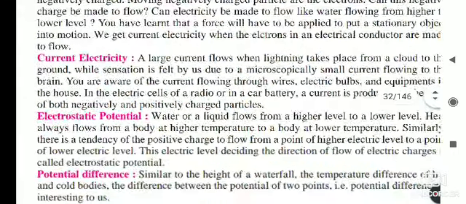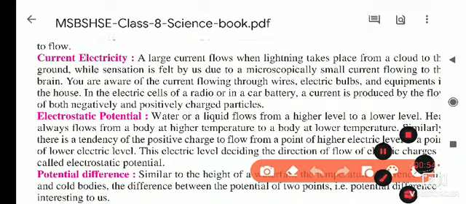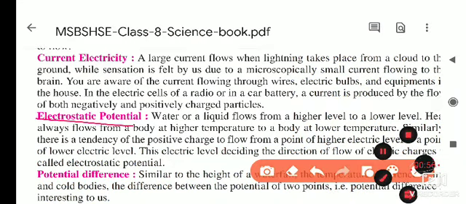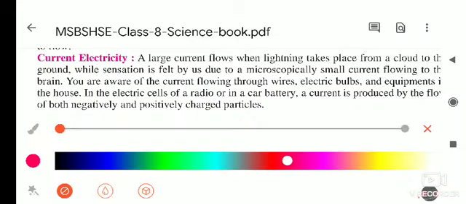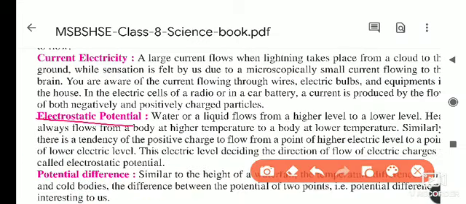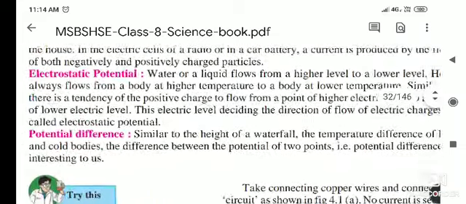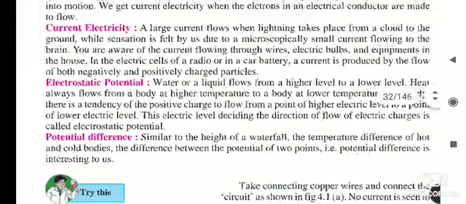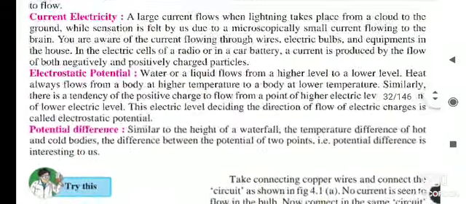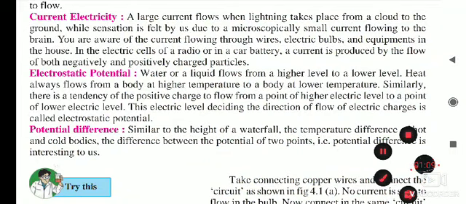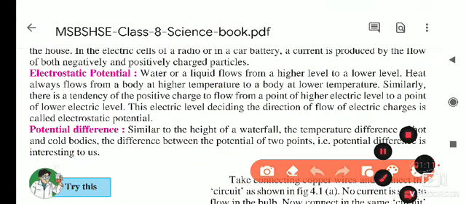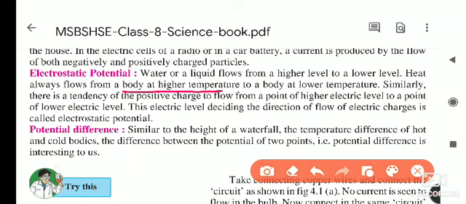If you see here, the first paragraph is electrostatic potential. Here they gave us: water or a liquid flows from a higher level to a lower level, that we know. In the same way, heat always flows from a body at higher temperature to a body at lower temperature.